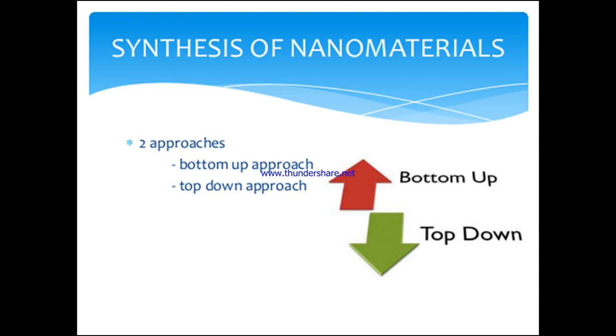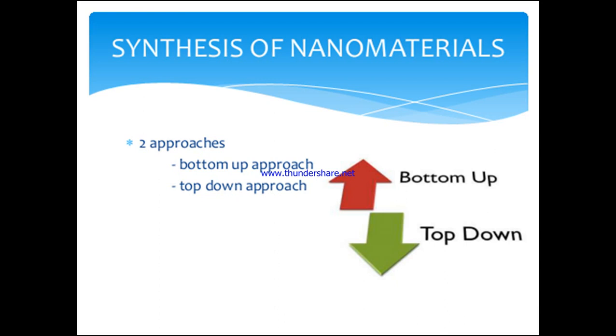So here we are having two approaches for the synthesis of nanoparticles. The first one is the bottom-up approach, and the second one is the top-down approach here. So the bottom-up approach is nothing but from the smaller particles, that is from the atoms or from the molecules, we are going to make the nanoparticles, from the micro level to the nano level.